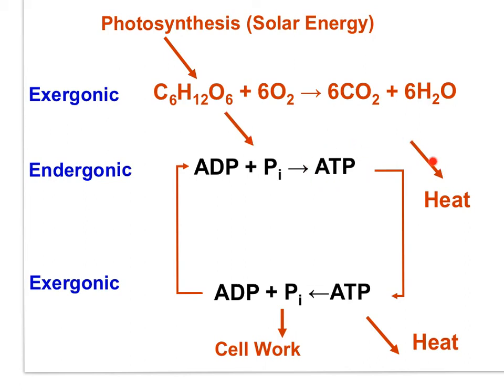Now, heat is released whenever respiration occurs, according to the second law of thermodynamics. Then, ATP is broken in an exergonic reaction to drive cell work, such as motion, condensation synthesis, or the active transport of molecules across cell membranes. As an exergonic reaction, heat is released, the second law of thermodynamics.